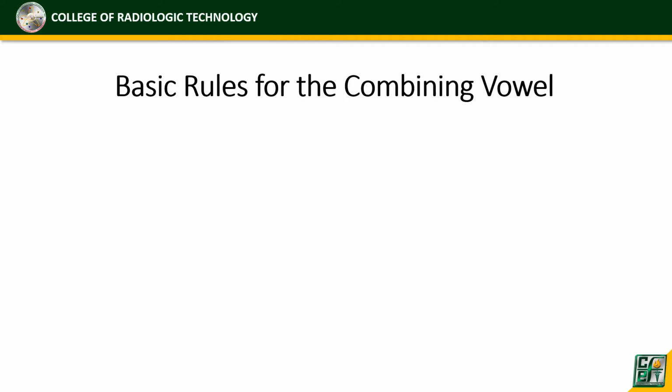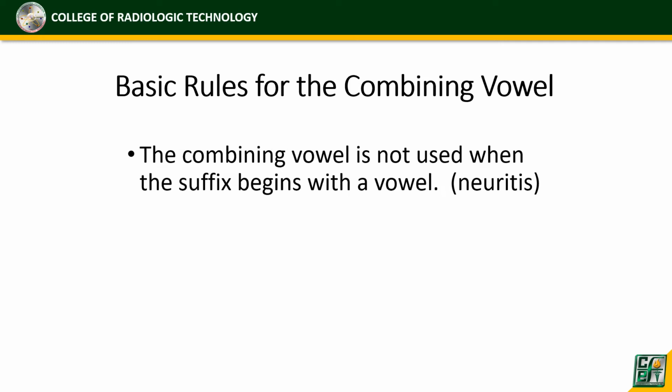There are basic rules for the combining vowel. The combining vowel is not used when the suffix begins with a vowel. For example, neuritis. Neuritis is the inflammation of the nerve. The root word here is neur. If we use the combining form with the letter o, it will be neuro.